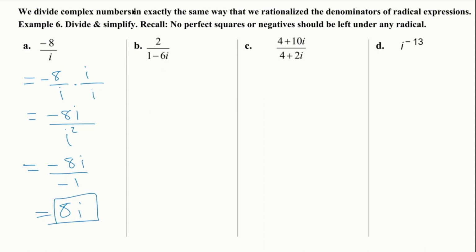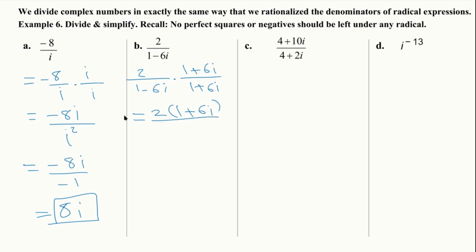So to get this one, we're going to have to multiply by the conjugate. So dividing complex numbers is more like just rationalizing the denominator. So we're going to multiply by the conjugate, which is 1 plus 6i. And on the top, we have 1 plus 6i. So we get 2 times 1 plus 6i on the top.